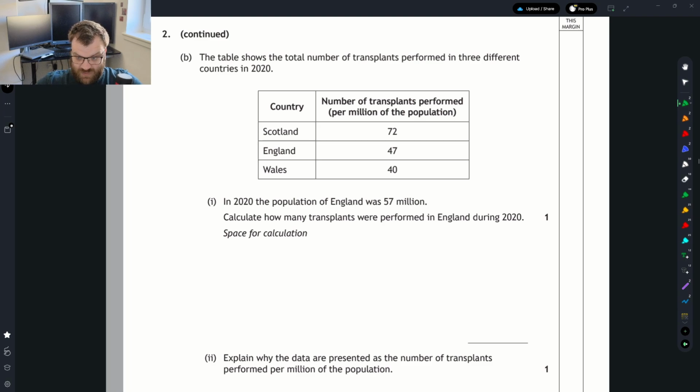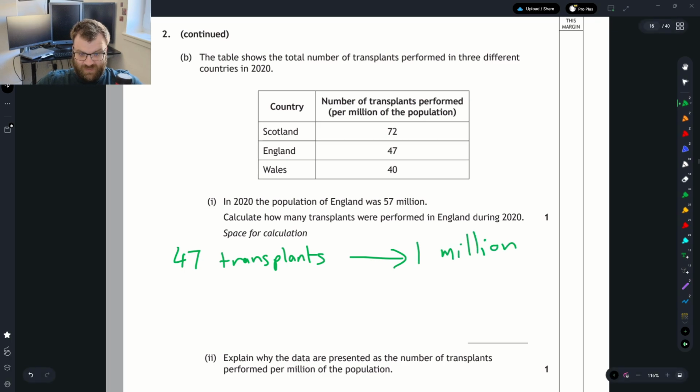In this one, we're asked about how many transplants were performed in England during 2020. Okay, so the table says there was 47 transplants in every 1 million people.